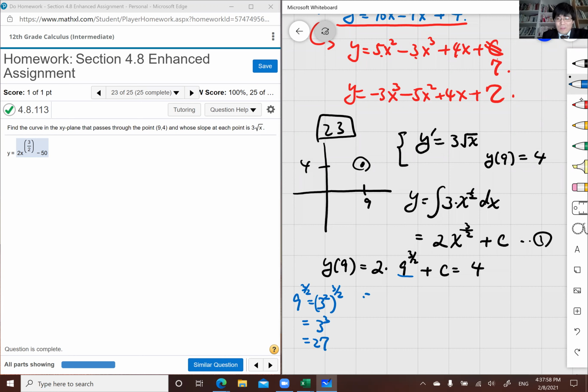So this is going to be 27 times 2, which is 54. So c is equal to negative 50. Therefore, y is equal to 2 times x to the power of 3/2 minus 50.